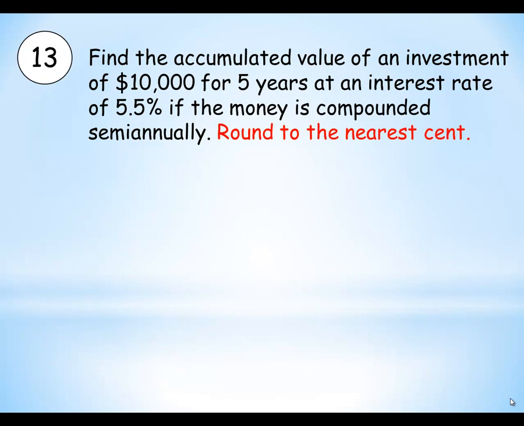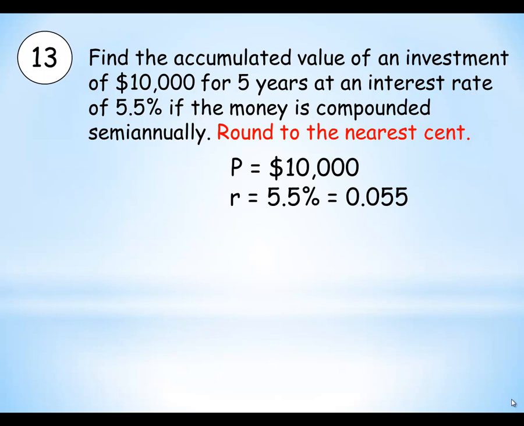So let's look at this problem. Find the accumulated value of an investment of $10,000 for 5 years at an interest rate of 5.5% if the money is compounded semi-annually. Semi-annually means it's compounded twice. So let's identify the given information. The principal is $10,000.